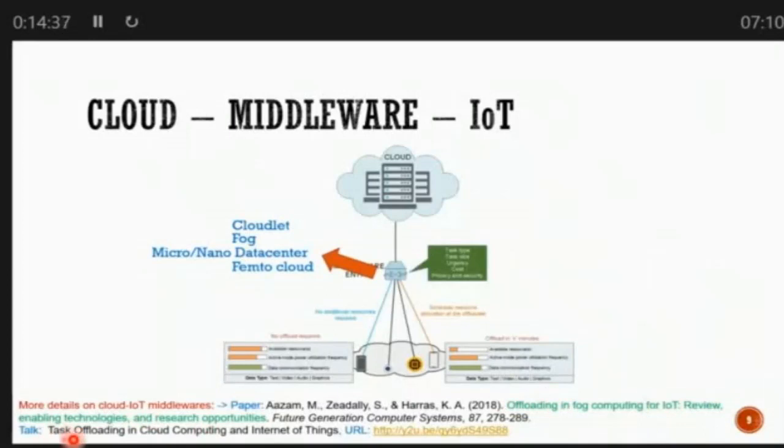You can search on Google this title and you'll find the talk on YouTube, or you have this URL. You can search through this URL as well and go over this talk. This talk is on offloading in fog and IoT. So you'll learn everything about the middleware entities and learn everything about how offloading can be performed, what are the reasons, and in what scenarios, what kind of offloading can be performed, etc.